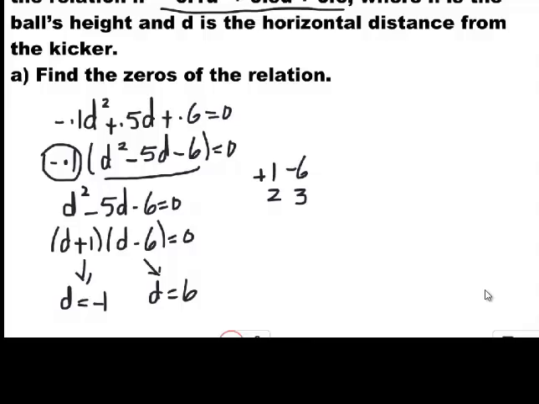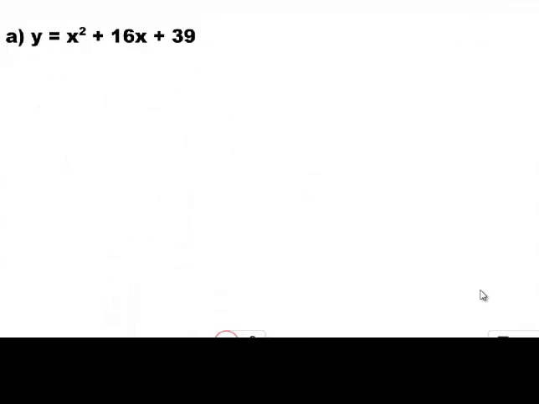Distance can't be negative, so this means that negative 1 is not acceptable. So this means that d is equal to 6. And what exactly it means is that the distance between the kicker and when the ball hits the ground is 6 meters.